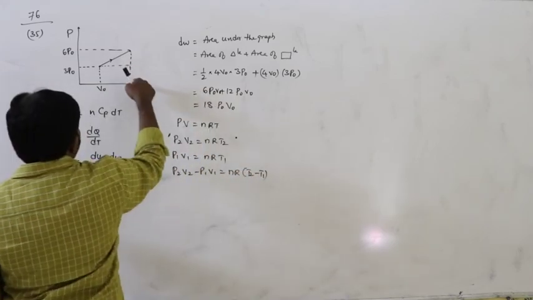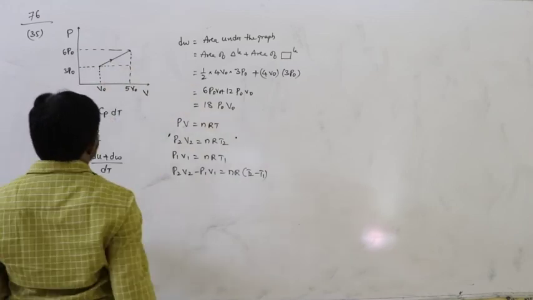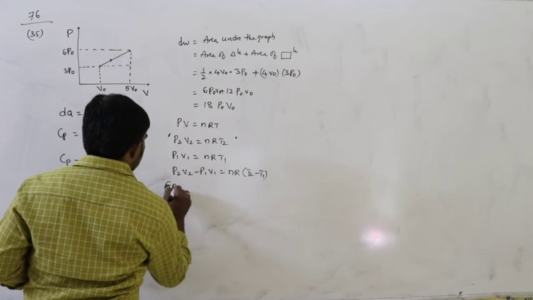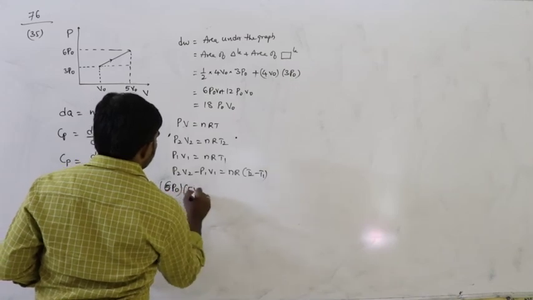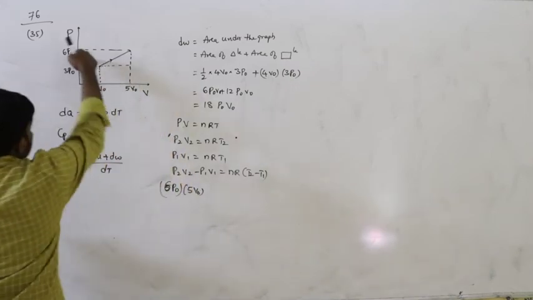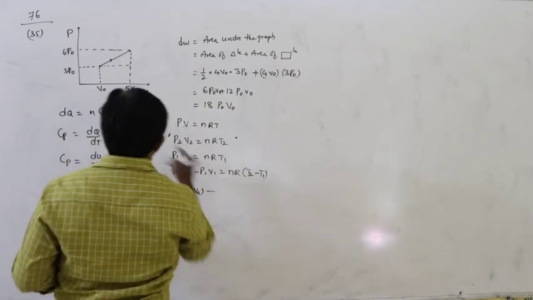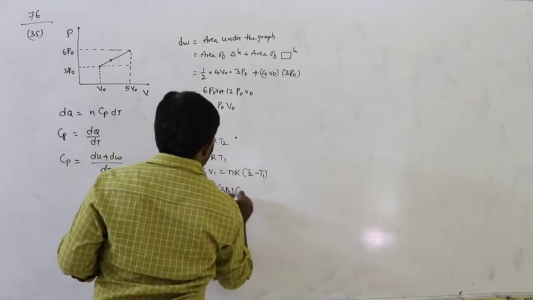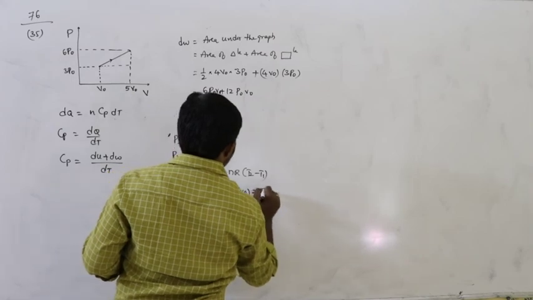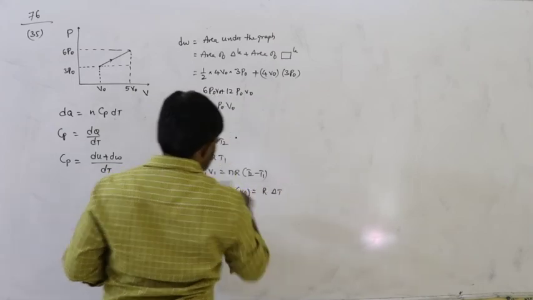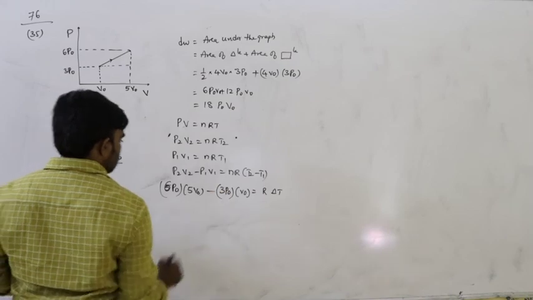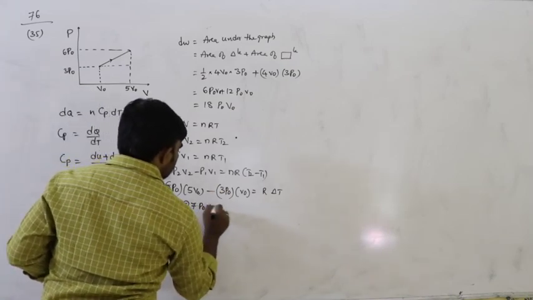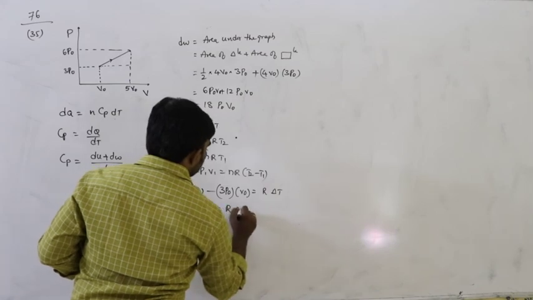P2 V2 is 6 P naught into 5 V naught, minus P1 V1, which is 3 P naught and V naught. The n is 1, so R delta T is 30 minus 3, that is 27 P naught V naught.